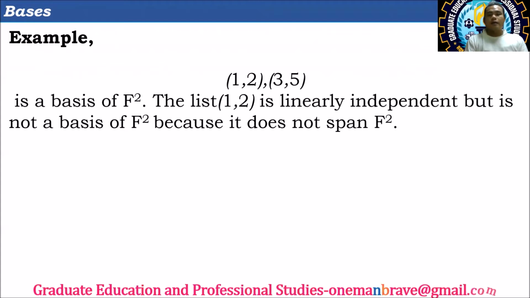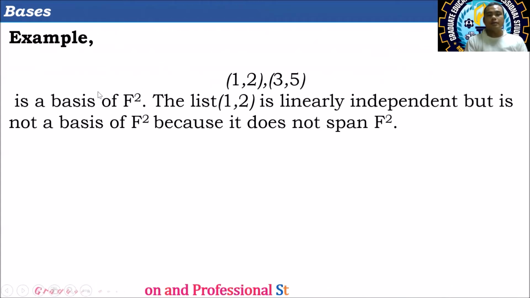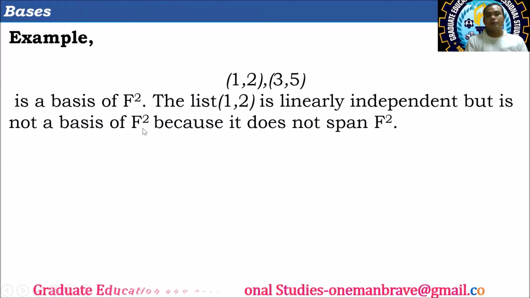So, ang (1, 2) and (3, 5) is a basis of F2. And it will also span F2 because dalawa sila. But the list of (1, 2) is linearly independent but it's not a basis of F2. Okay. Because linearly independent nga po siya pero hindi niya span ang F2. Yun po yung punto.